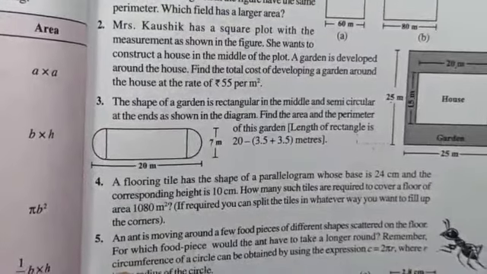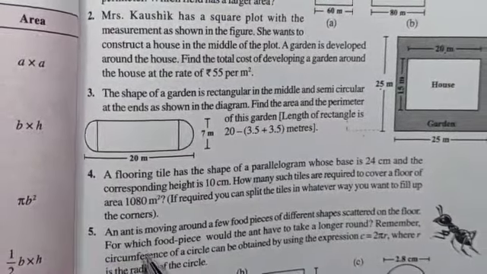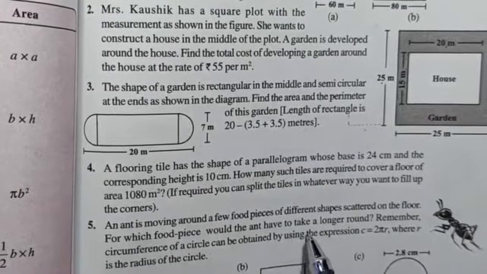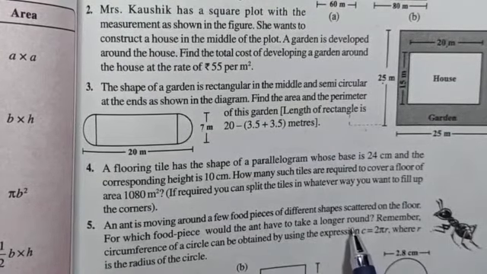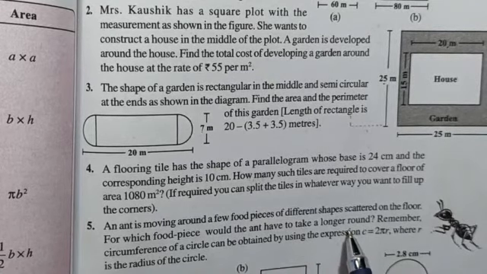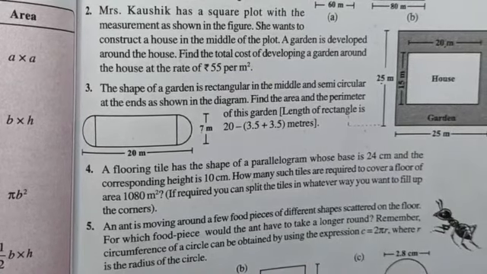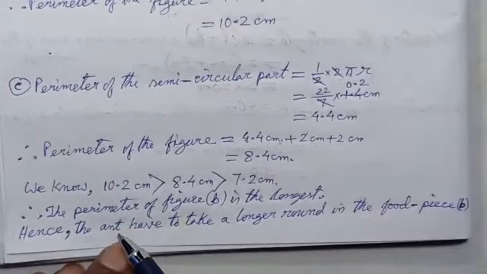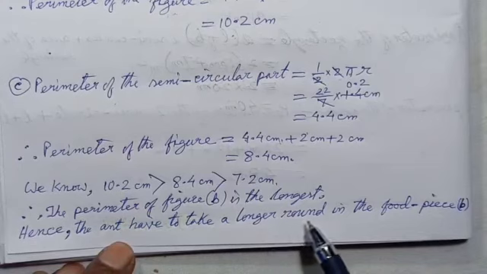Here, let's see this question number 5. We have to find out for which foot piece the ant would have to take a longer round. That will be the foot piece of figure B. So hence, the ant has to take a longer round on foot piece B, and this is the answer.